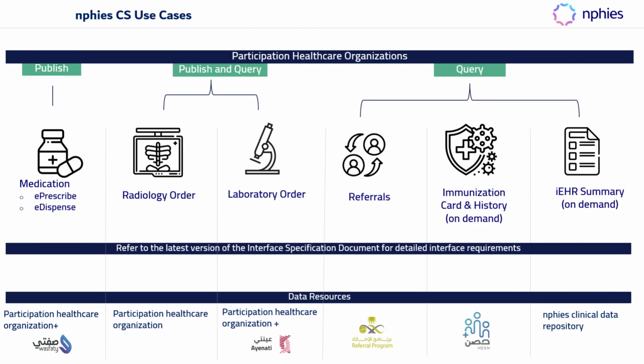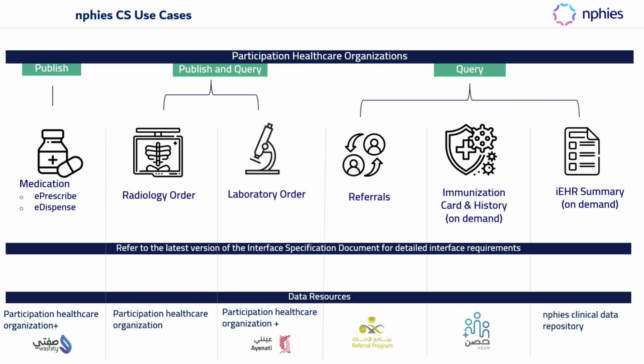Additionally, the medication use case involving both e-prescribe and e-dispense, radiology order, laboratory orders, referrals, immunization card, and IEHR summary use cases. The data resource for the medication use case is the participant healthcare organization's health information system in addition to the external system, WASFID. Also, for the lab use case it is the participant healthcare organization's health information system in addition to the external system, IANATI.